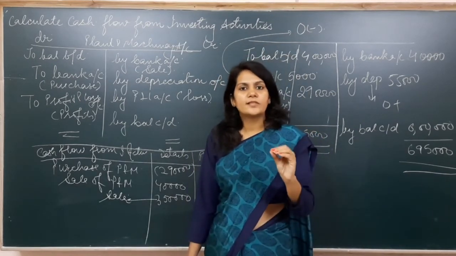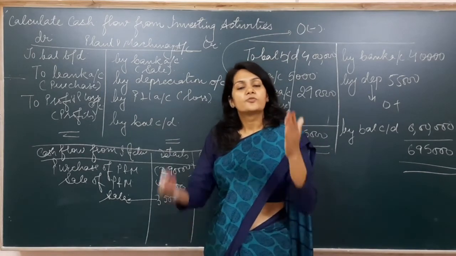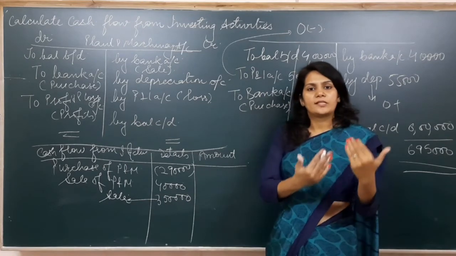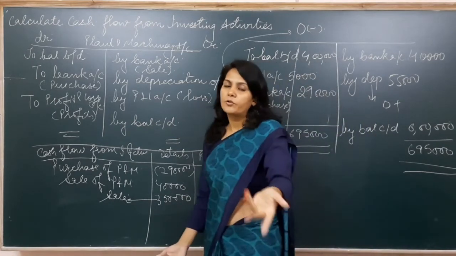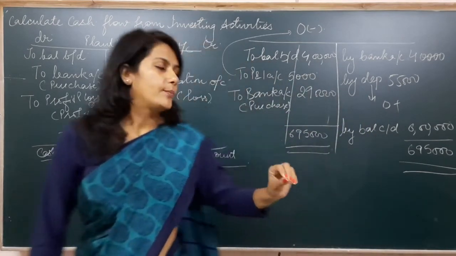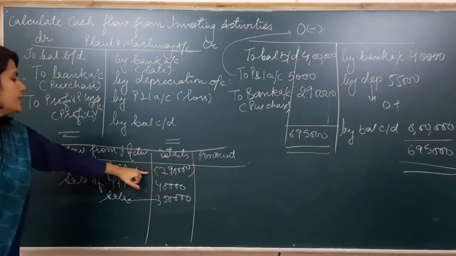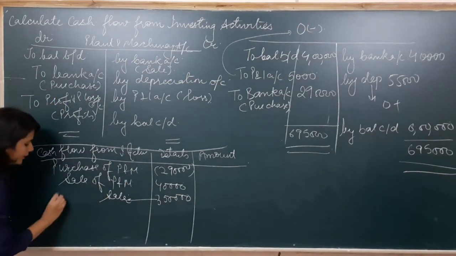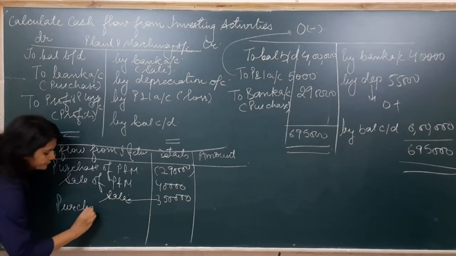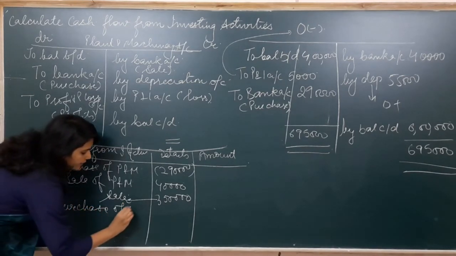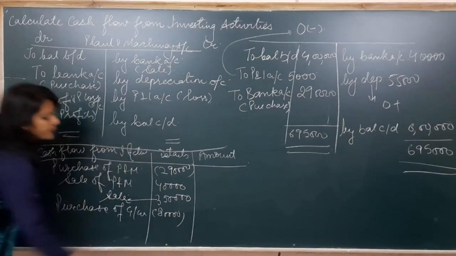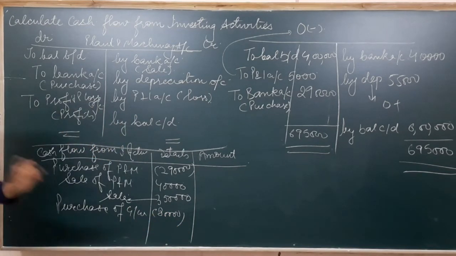And as goodwill is an intangible fixed asset, just like plant and machinery, the same way we are going to treat the goodwill as well. Just as you purchased plant and machinery and wrote the amount in negative, similarly, if I am purchasing goodwill here, I'll write purchase of goodwill rupees 80,000 in negative. I'm going to write it this way.